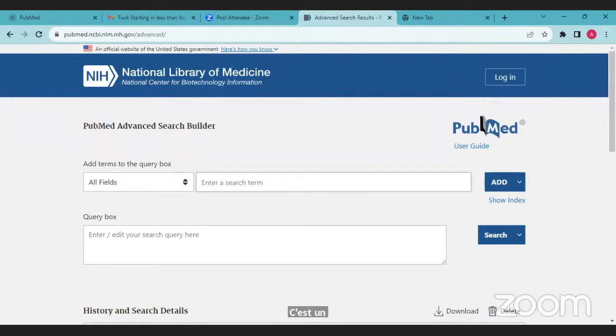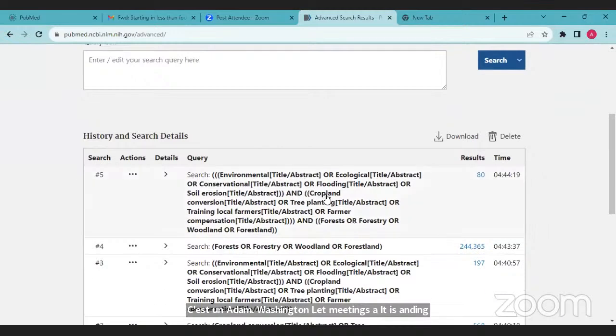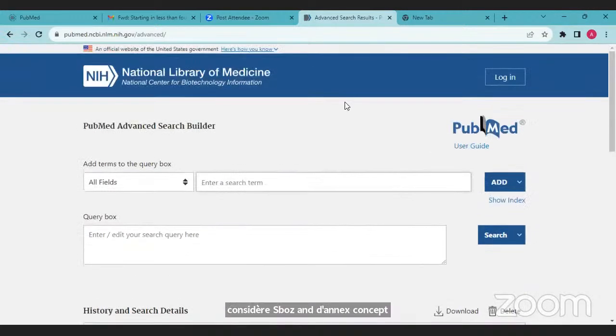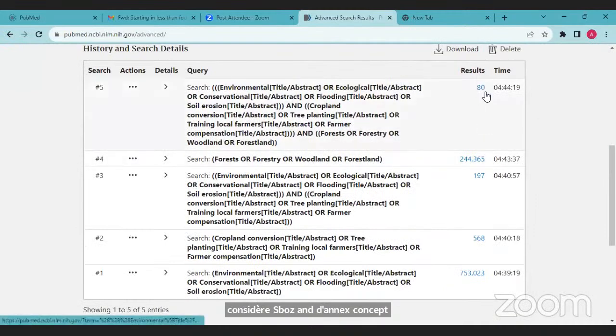Otherwise, if you don't put a parenthesis, let me say that it is ending with cropland. If you don't put it there and it ends with cropland, then you just put and. You bring in the next concept. It may consider just that last word. But if they are there, it considers those and the next concept. Hope that's clear. So we have 80 studies, and because of time, let's look at this.